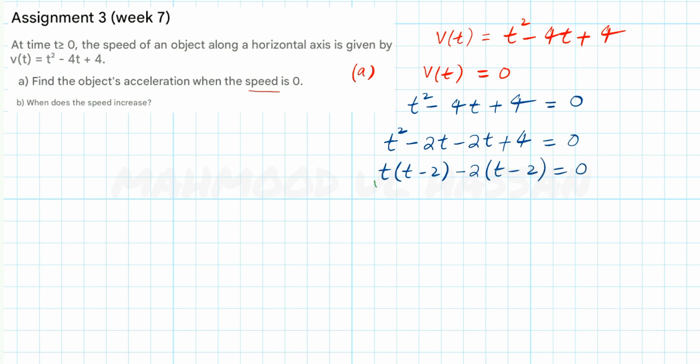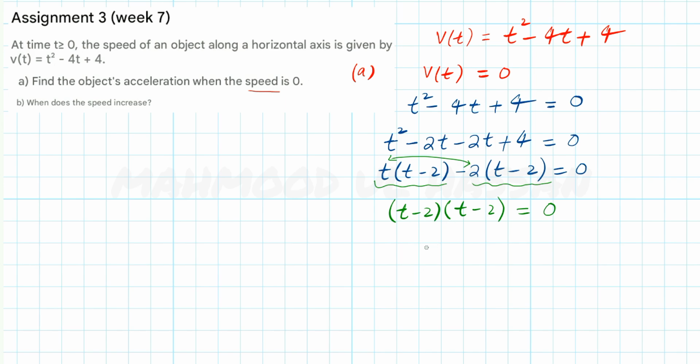Now you can see here t minus 2 is again a common factor, so that is t minus 2 and then t minus 2. We left t minus 2, and that is going to be equal to 0.